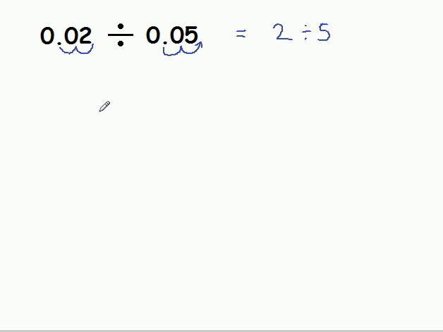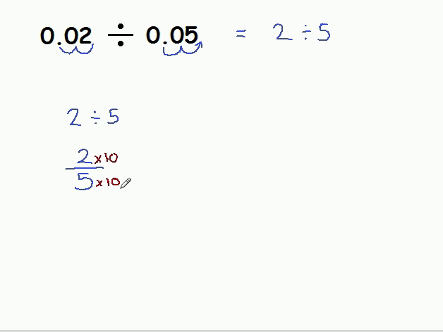Now, why is it that this and this are the same? Let's have a look. When we have equivalent fractions, if we write 2 divided by 5 as a fraction, we get 2 on top, 5 on the bottom. Now we know with equivalent fractions, if we've been practicing them, that whatever we do to the top of a fraction, whether it's times it by 10, or times it by something else, or divided by something, we need to do exactly the same to the bottom.